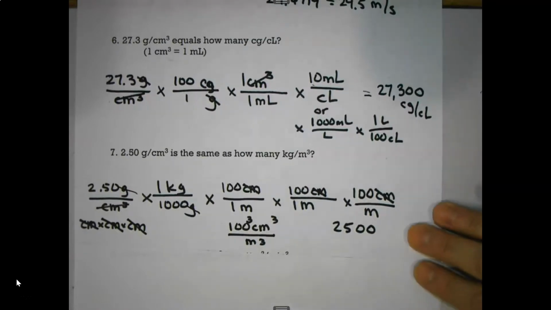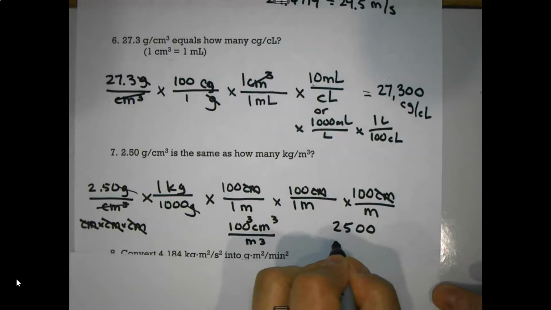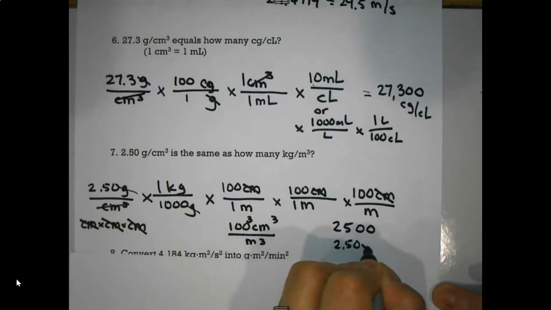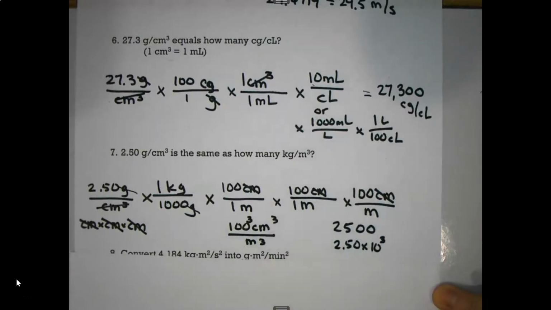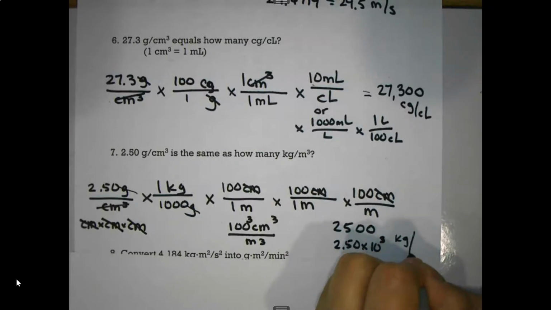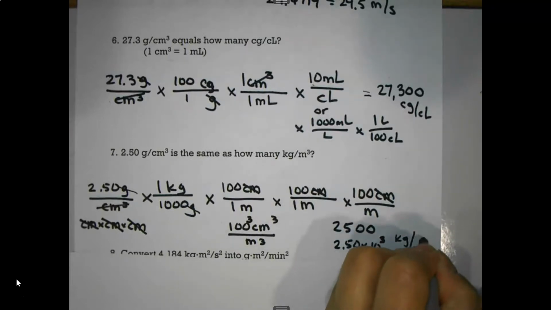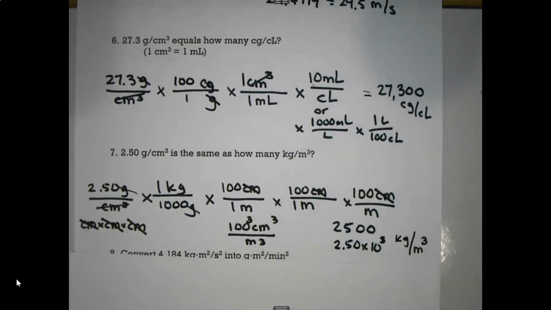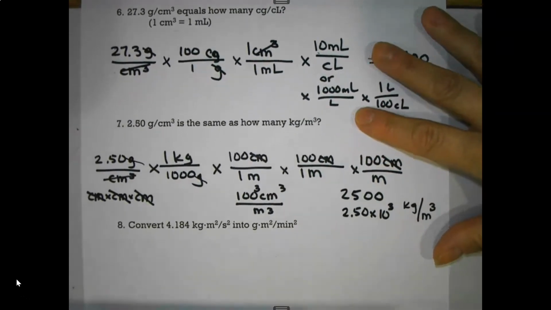So hopefully you know that you're going to have to put it in scientific notation. 2.50 times 10 to the third is the same as 2,500. And what are my units? Kilograms per meter cubed. Okay?